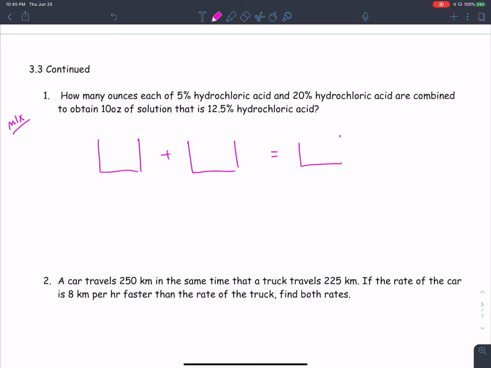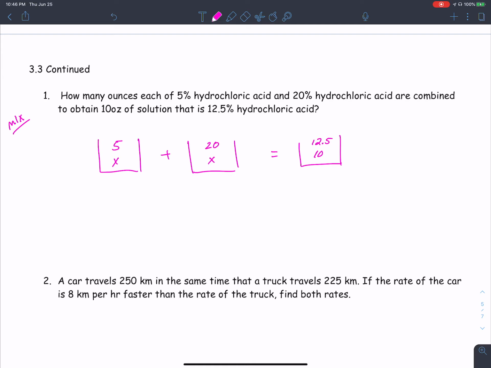So I make my buckets. I'm mixing 5% hydrochloric acid, so 5%, with 20% to get 12.5%. And I don't know how much 5% I'm mixing with the 20% to get the 10 ounces of 12.5%.